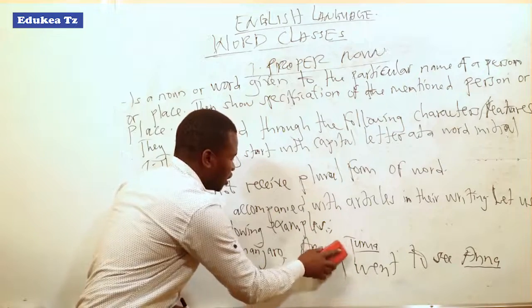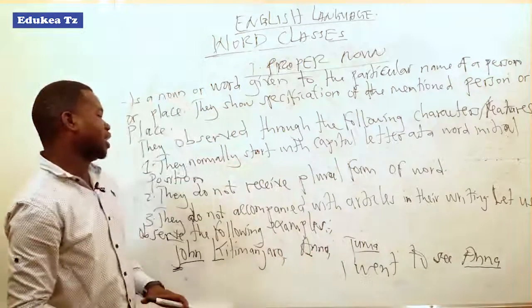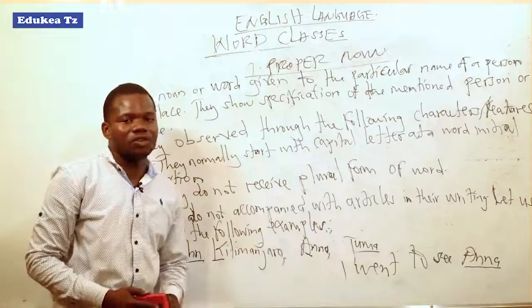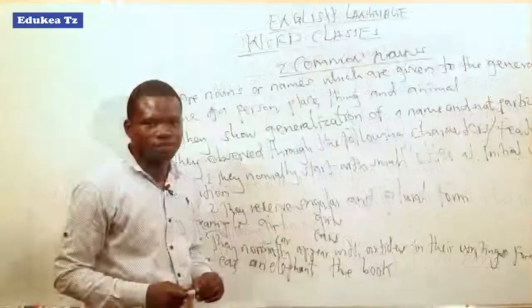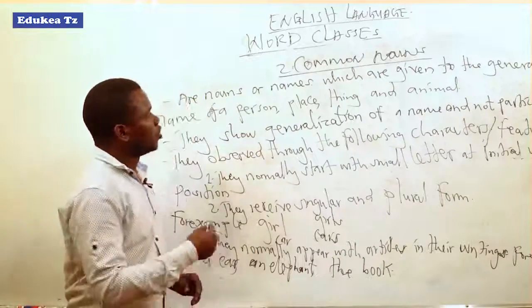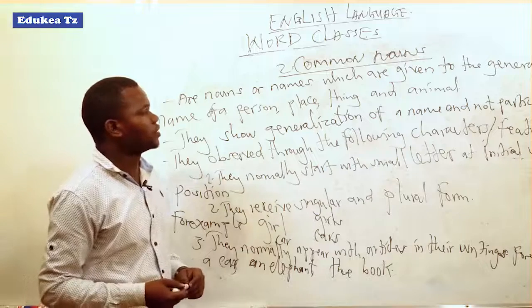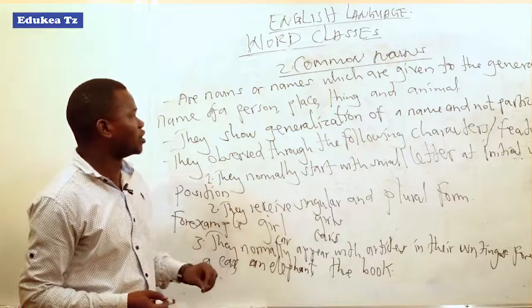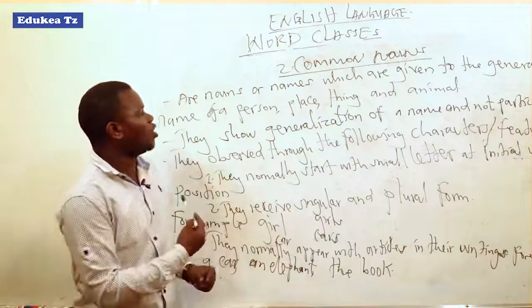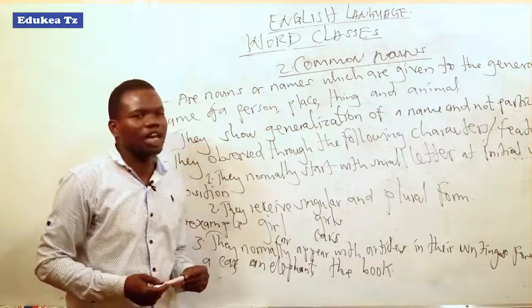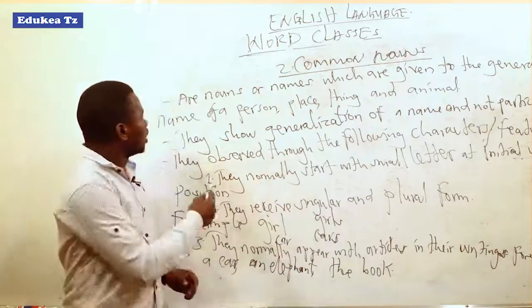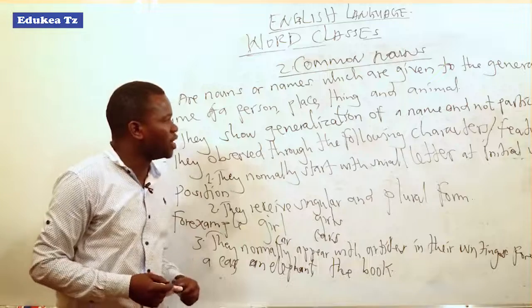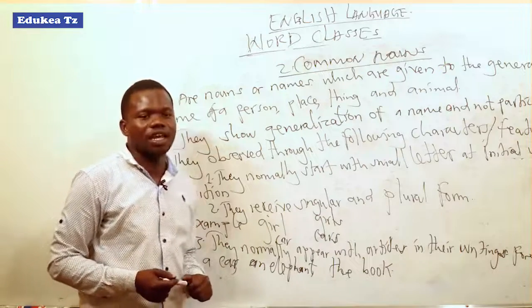So after checking proper nouns, let us see other kinds of noun. Let us proceed with common nouns. Common nouns are names given to the general name of a person, place, thing, and animal.